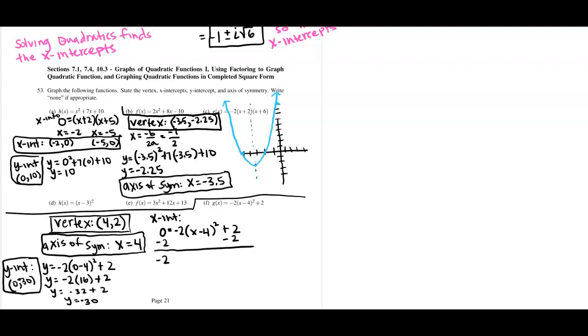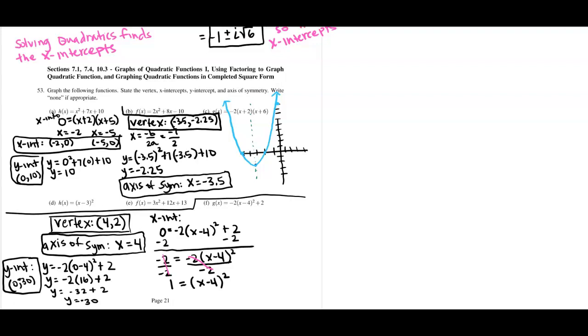So I've got negative 2 equals negative 2 times x minus 4 all squared. And my squared part is still not by itself, right? I need to divide both sides by negative 2. So when I do that, those divide out, and this divides to be 1. So I get 1 equals x minus 4 all squared.